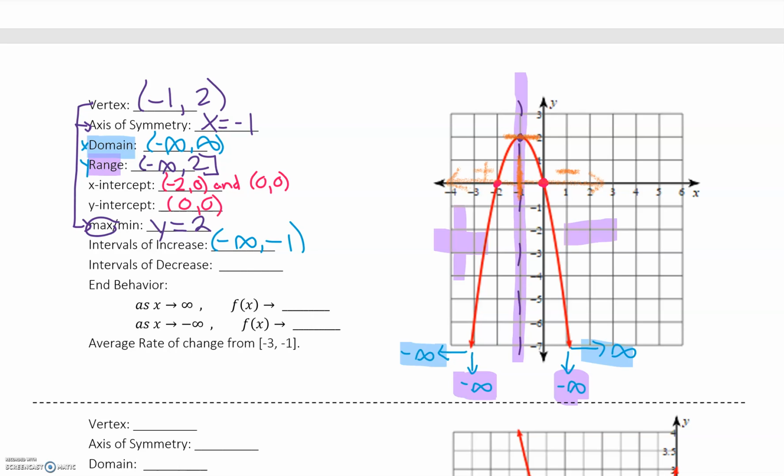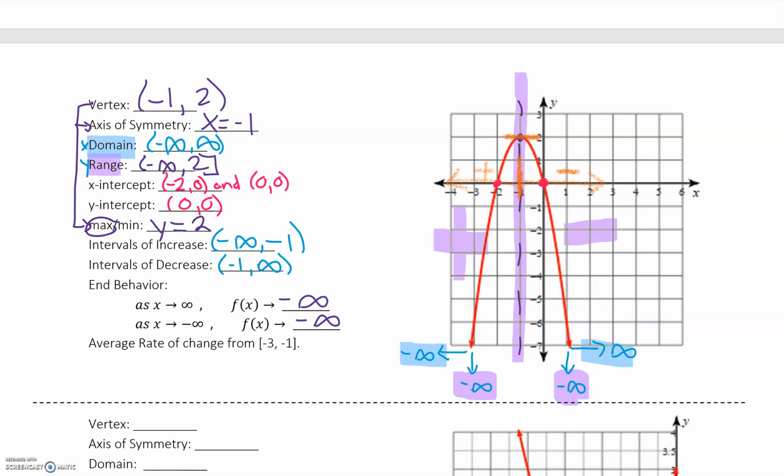And then the decreasing side is the right-hand side, so it's everything from -1 to infinity, which is the positive axis. All right, so remember with end behaviors, both ends should be going in the same direction. So look, which way are both of the ends going? Down. So that means no matter if we look to the left or the right of the graph, our y values are always going to go down. So these are both going to go towards negative infinity.